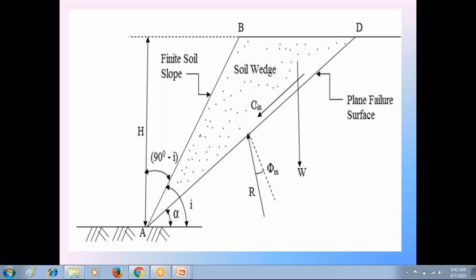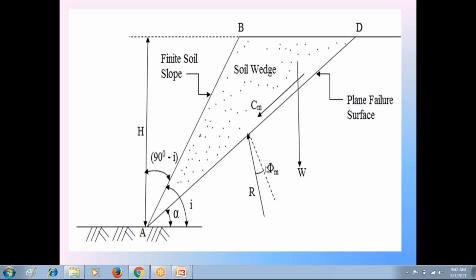Third force: this soil wedge is moving in the tangential direction of AD, but it is not moving in the perpendicular direction. Since this soil wedge is not moving in the perpendicular direction, from this failure surface AD, a reaction force is acting on the soil wedge in the upward direction. This reaction force is making this angle phi m with the normal to the surface AD.